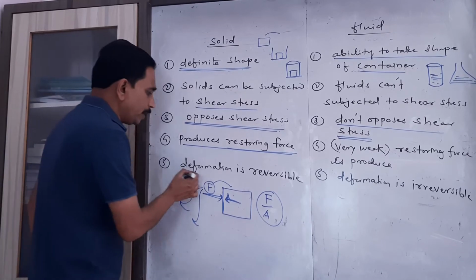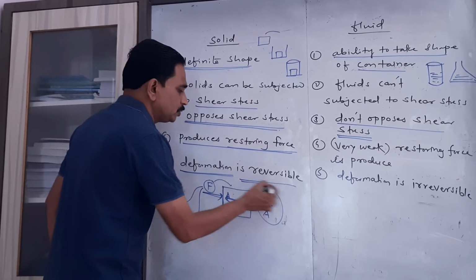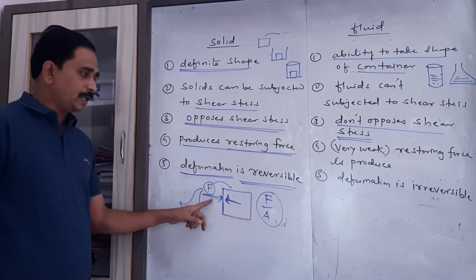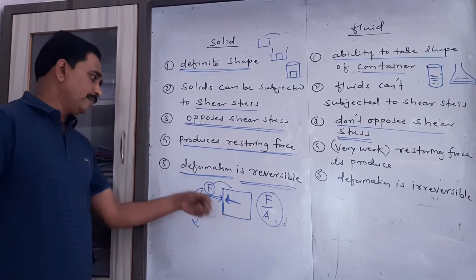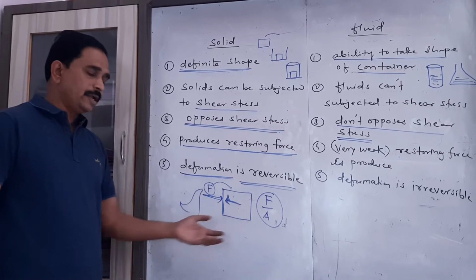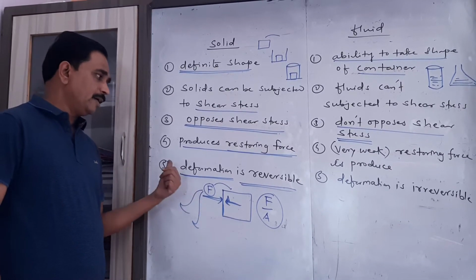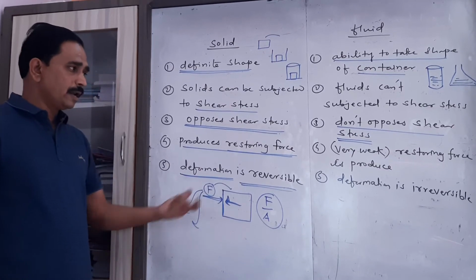It means whatever deformation is produced in a solid is reversible. When we apply the force, there is a change in shape and size. When we remove the force, that solid regains its original shape and size. This process is a reversible deformation.